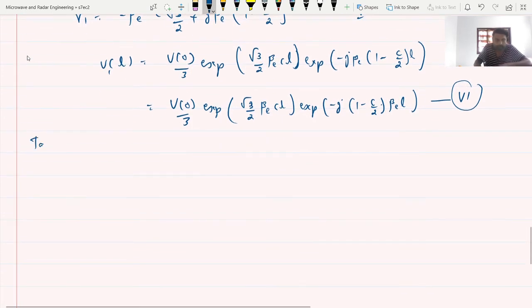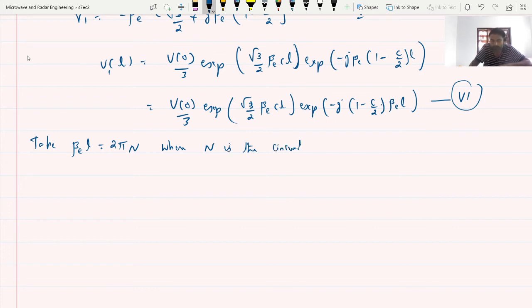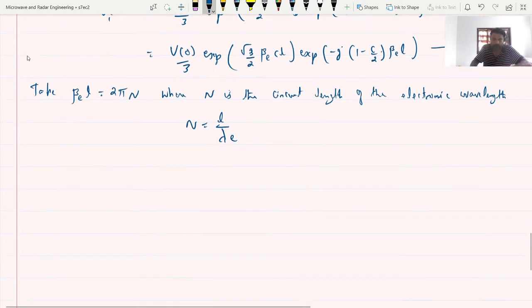Take beta into L as 2 pi N, where N is the circuit length in electronic wavelengths, that is N equal to L by lambda e.